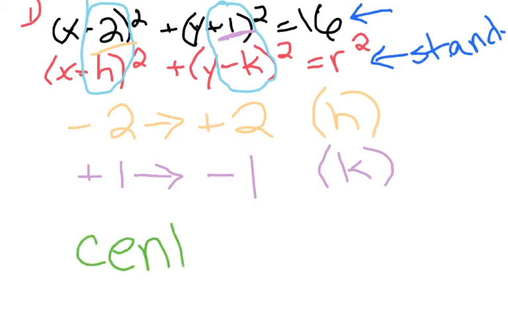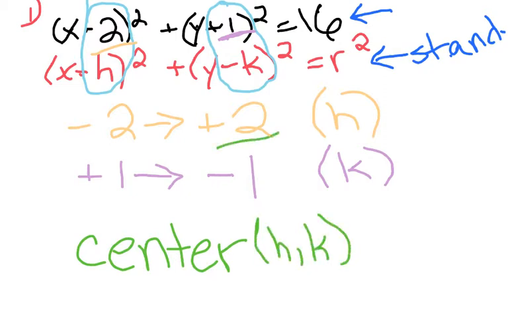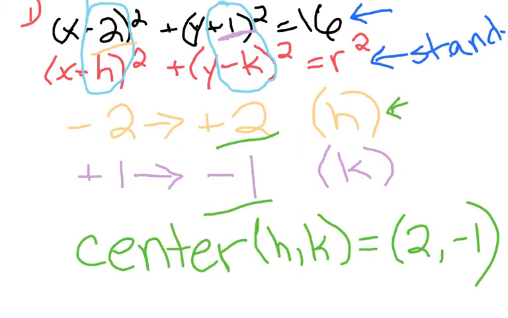So the center is h comma k, which is 2, -1. Not too bad. So remember this step where you're trying to take the opposite.